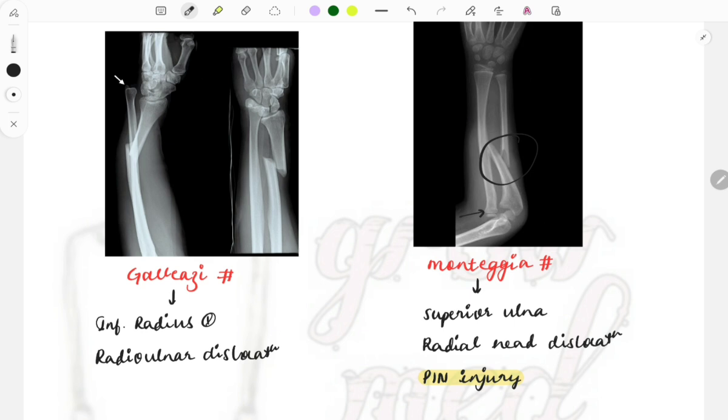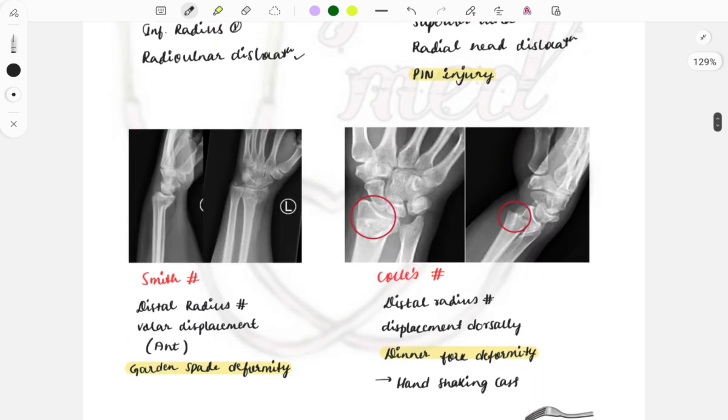The radial head is dislocated at the elbow joint. In Galeazzi there is radio ulnar dislocation, with the radial head dislocated at the ulnar joint, but here the radial head is dislocated at the elbow joint. With these two things, you will easily come to know whether it is Galeazzi or Monteggia fracture.